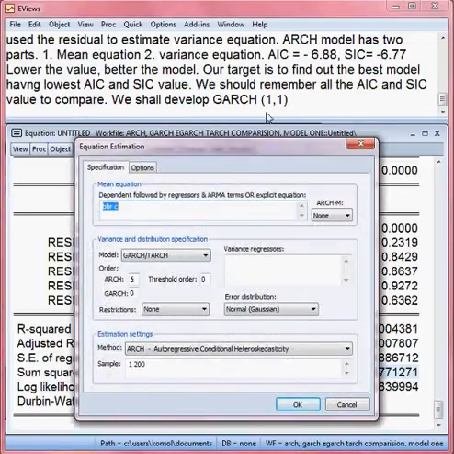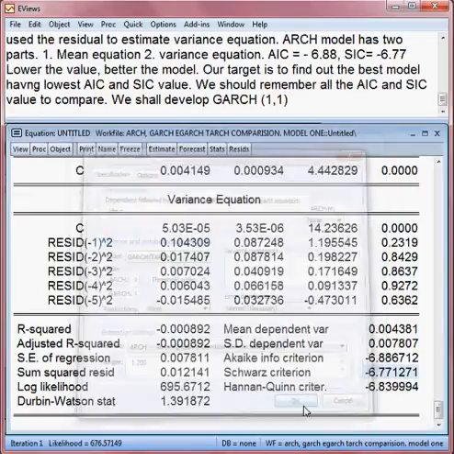Then here is one ARCH and one GARCH, so I put 1 here and 1 here. So ARCH 1 and GARCH 1, and I choose the normal distribution all the time to compare among all the models. So this model is called the GARCH 1,1 model. Then I click OK.